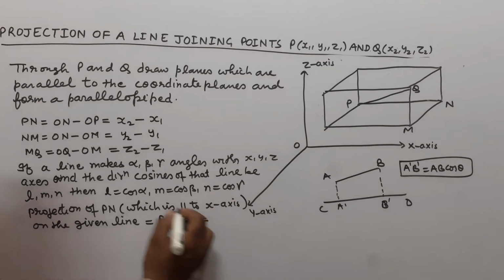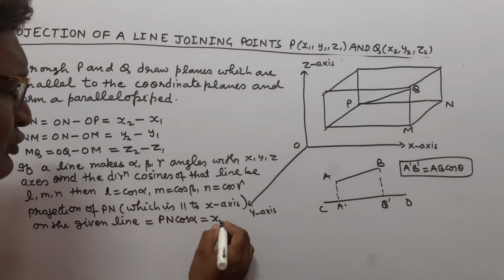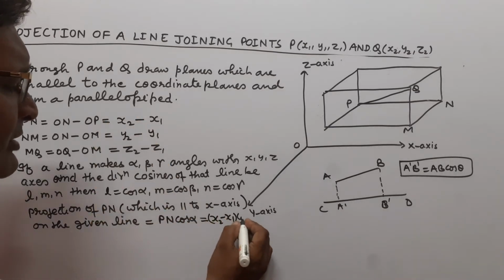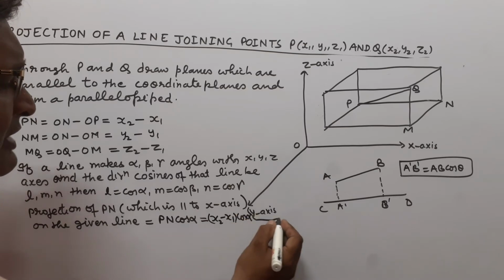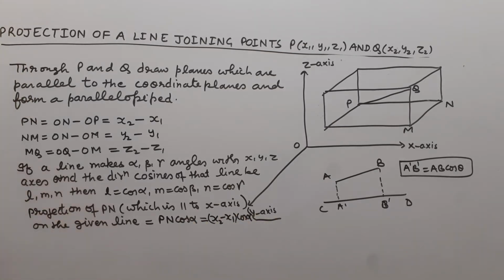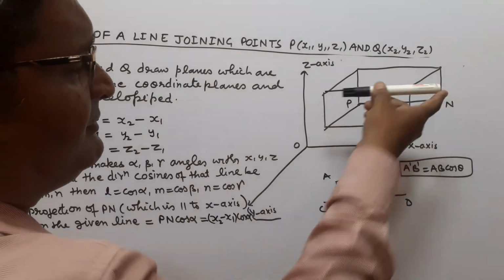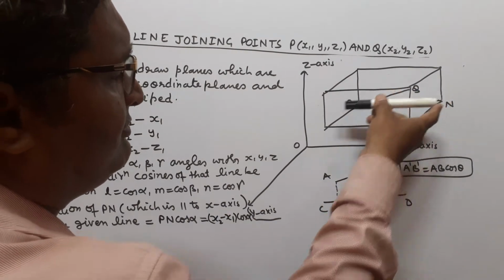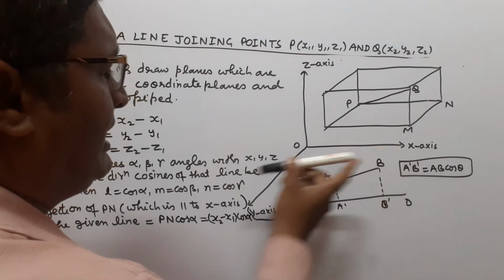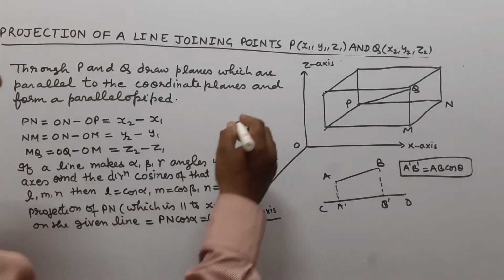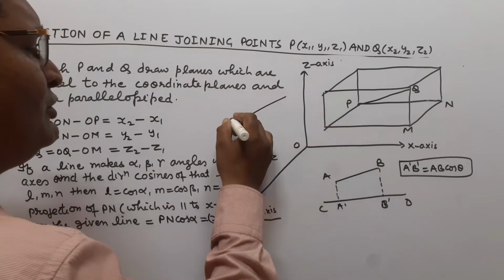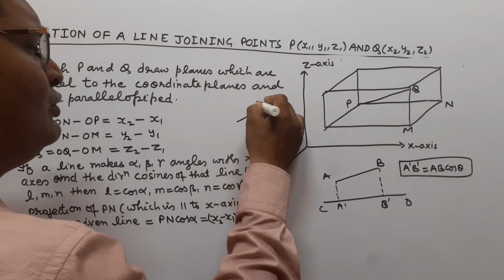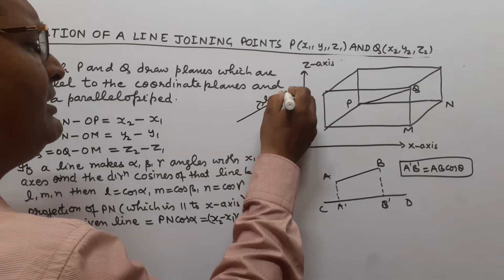And here PN is x2 minus x1, multiplied by cos alpha. We can see this PN is parallel to the x-axis, and suppose this is the given line whose direction cosines are l, m, n.